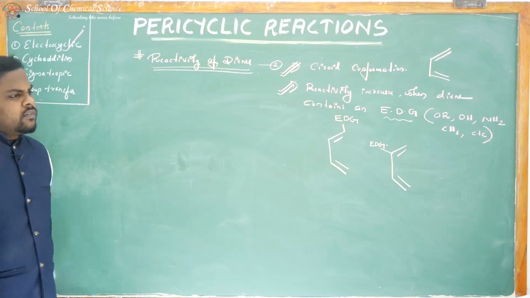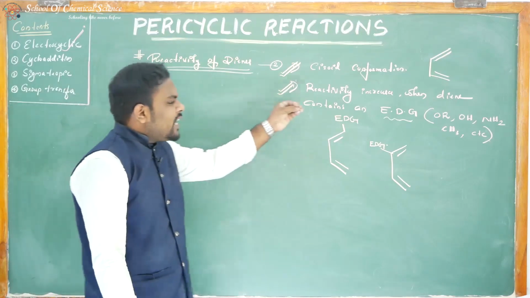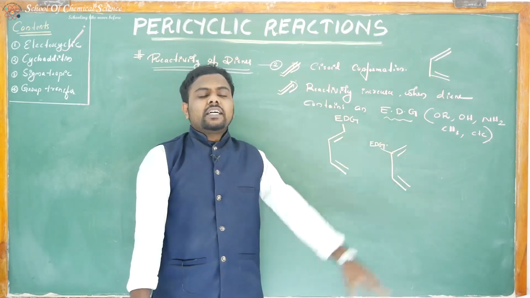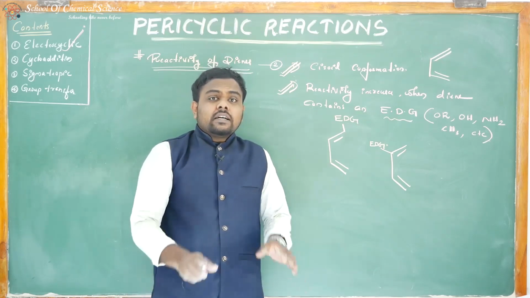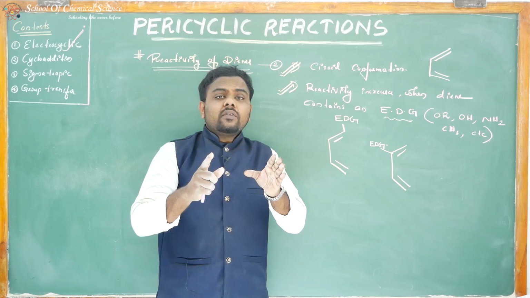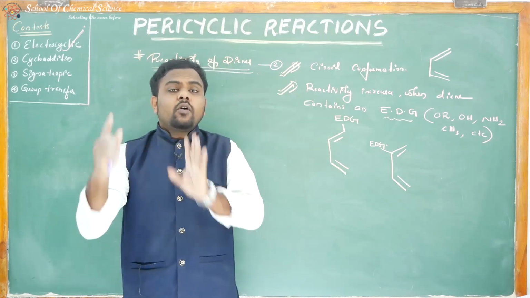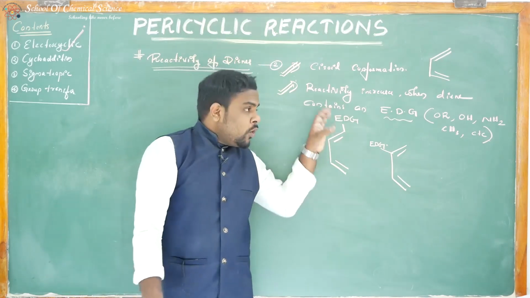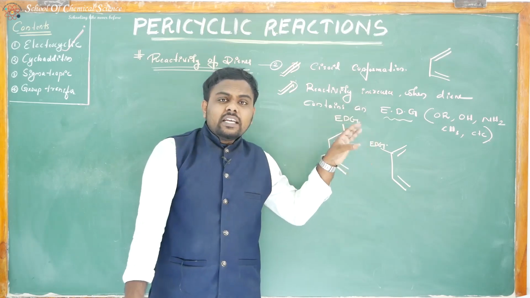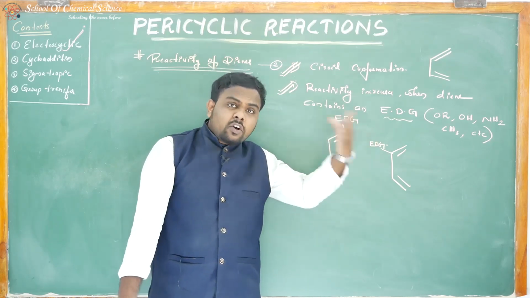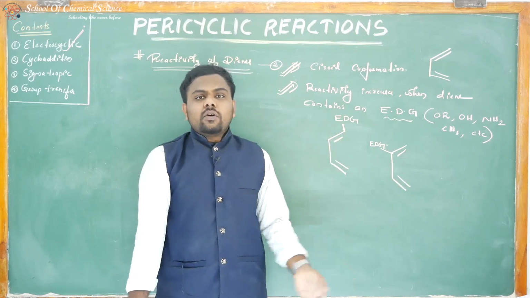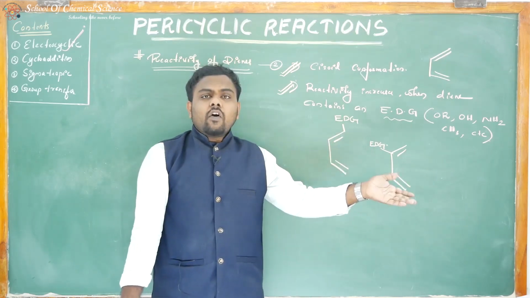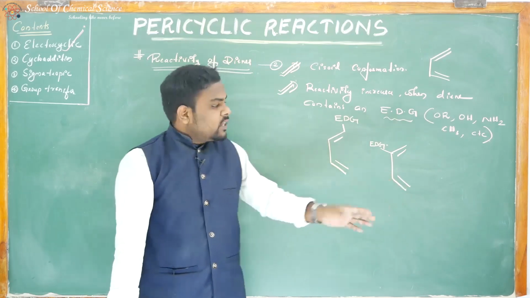The diene must be in cisoid conformation, and whenever an electron donating group is present in the diene, reactivity increases. What is the reason? In the mechanism, I already told you that the HOMO of the diene interacts with the LUMO of the dienophile. So whenever the electron density of the HOMO increases, reactivity also increases.